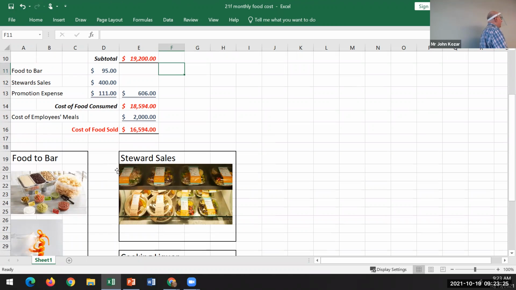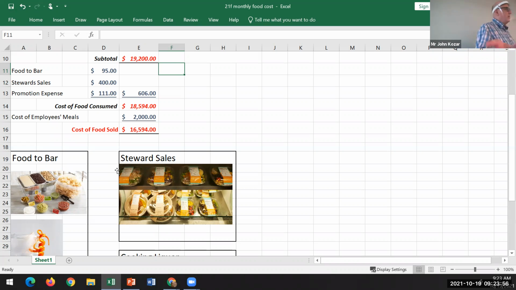I think we've already had a question in one of the quizzes about why it's so important to write up transfers from the kitchen to the bar. It really doesn't have to do with inventory and ordering, but it has to do with the food cost in the kitchen. Things are disappearing basically, and you have to assume that they went out in whatever food you were selling.